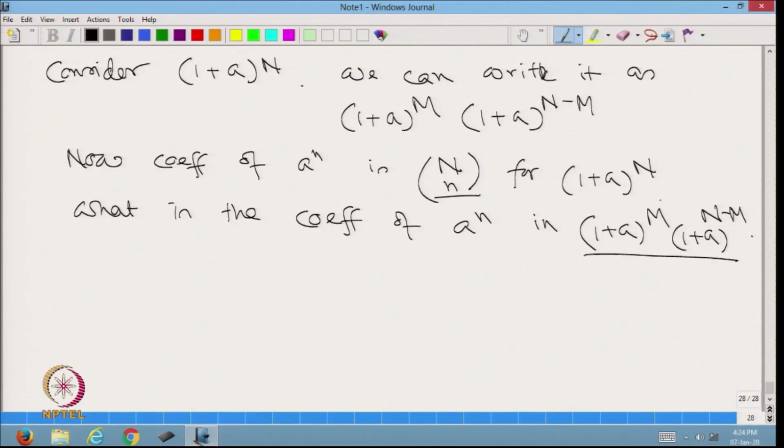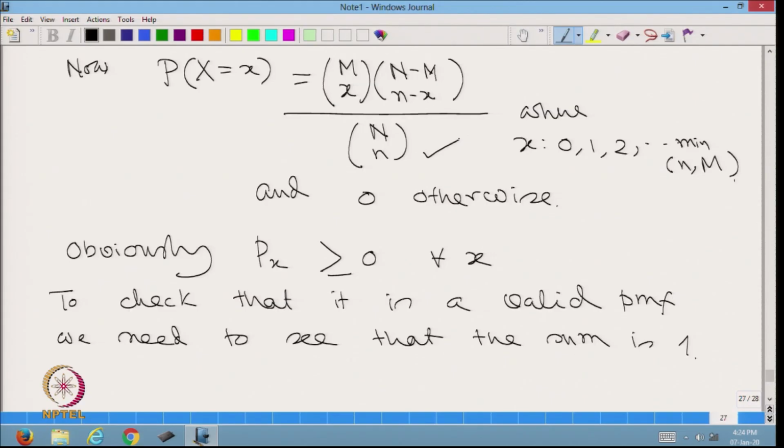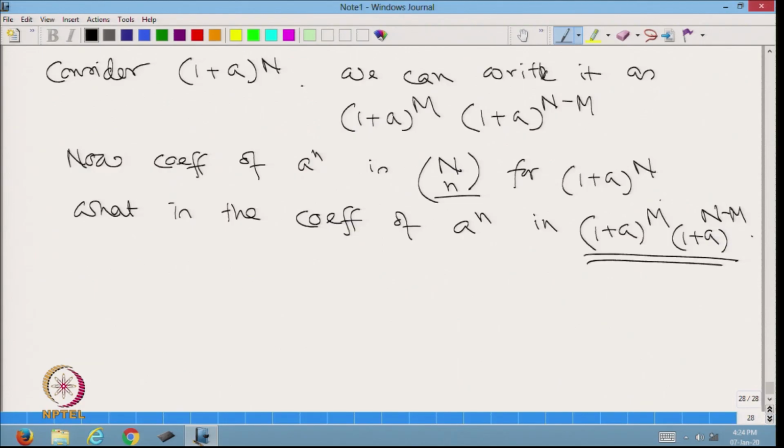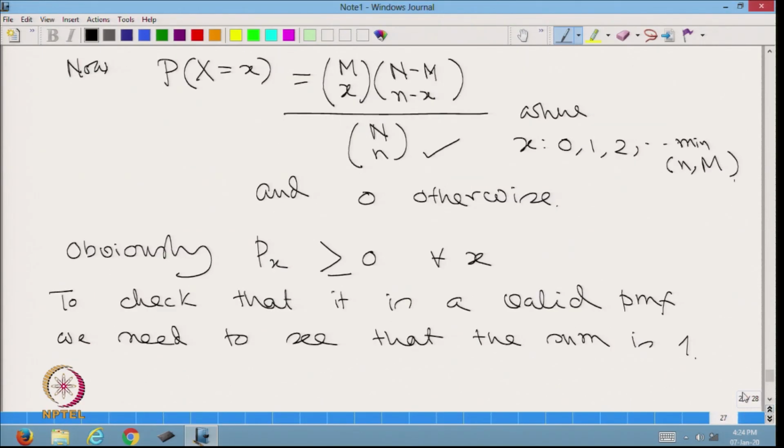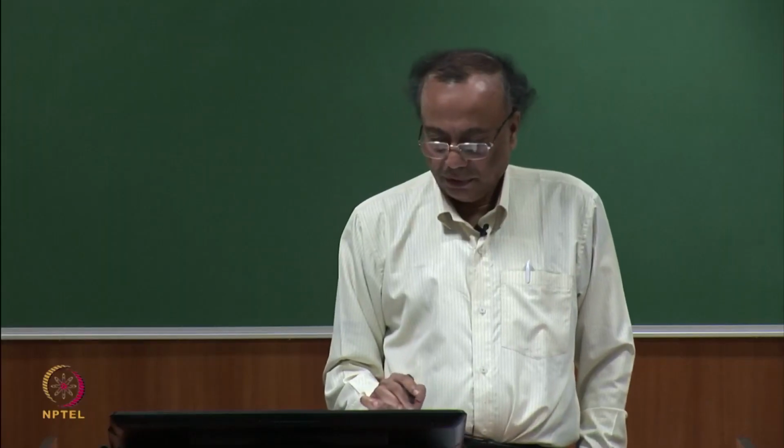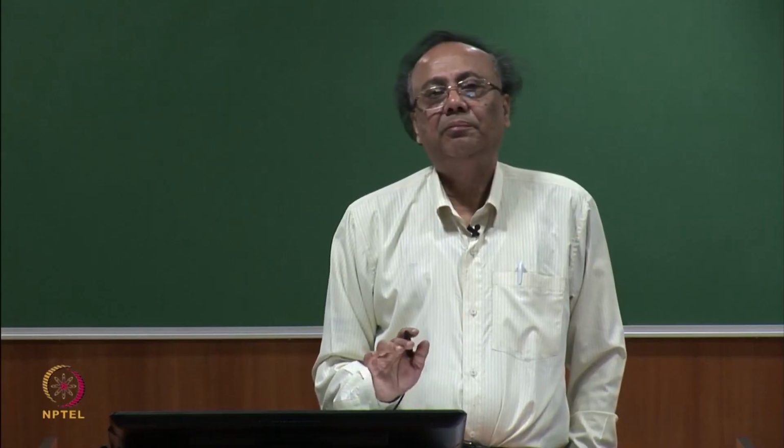Therefore, that divided by N C n is going to give us 1, and N C n is the denominator here. So, effectively I want you to check from here that the coefficient of a to the power n is actually the sum of these terms for x from 0 to minimum of n and m. Therefore, that will give us a PMF.